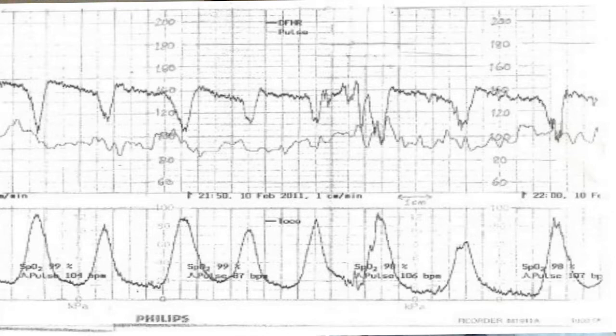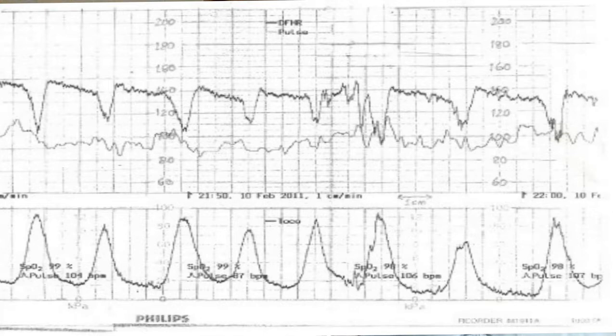You can see that the deceleration starts with the start of the contraction, and the peak of the contraction is facing the bottom of the deceleration, and the deceleration ends at the end of the contraction. This is the early deceleration. Usually, early deceleration is due to head compression, and it's considered a reassuring finding.